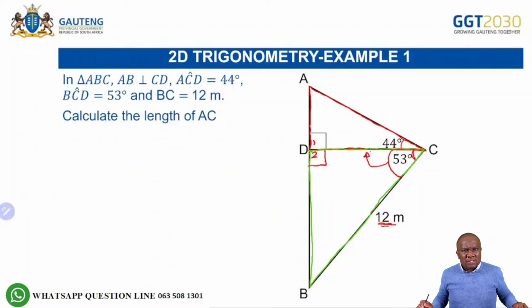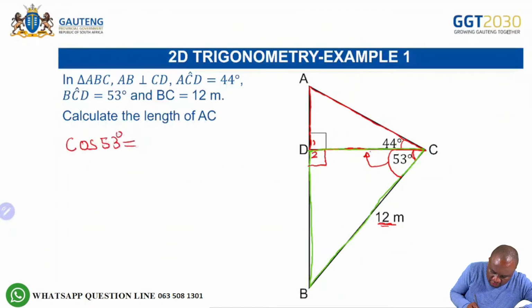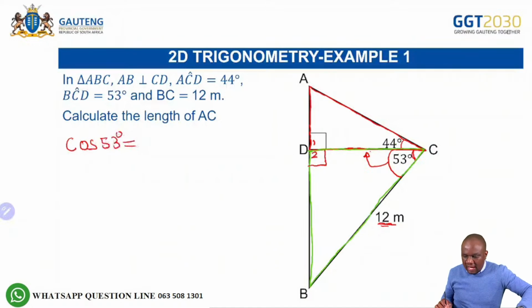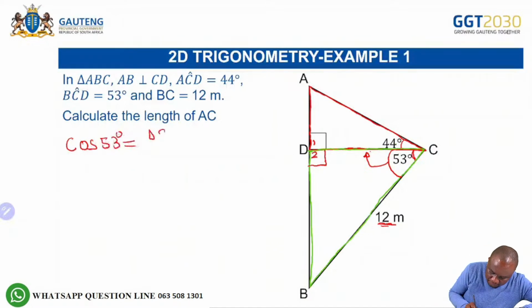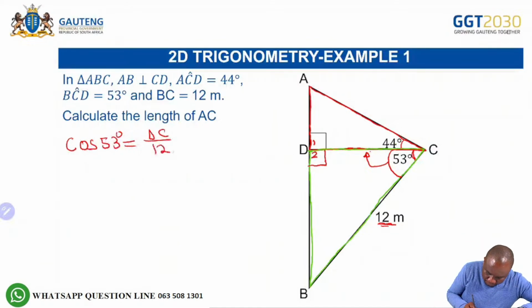So which trigonometric ratio are we going to use there? Which involves an adjacent side and the hypotenuse. It is the cosine of the angle. So now cos 53 degrees is equal to the adjacent side, which is DC, over the hypotenuse, which is 12, right?